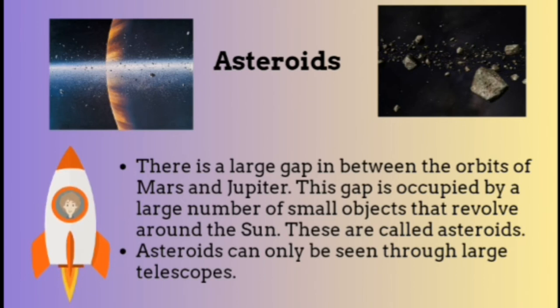These are called asteroids. Asteroids can only be seen through large telescopes. There is a large group of asteroids between the planets that is called the asteroid belt. These asteroids fall on the Earth more often, and some of these asteroids pass through or near the planet Earth.